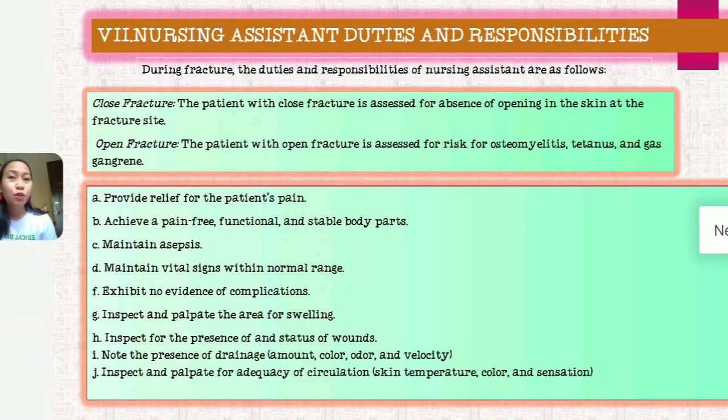It is the same with the wound or the fracture: we can always check for circulation, because if the circulation is good, that means our patient is also pain free.